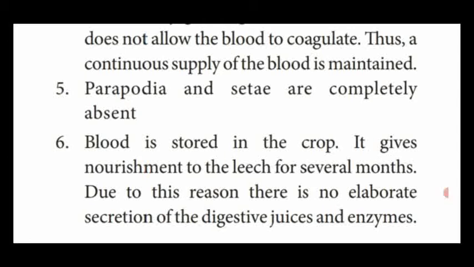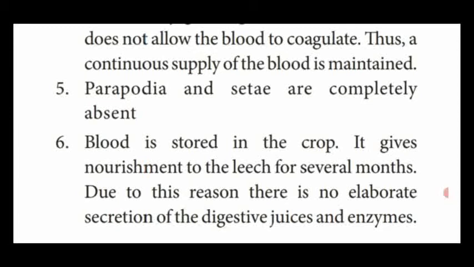Not only that, due to the storage of blood in the crop, elaborate secretion of digestive enzymes and juices is not present inside the leech body. That means digestive juices and enzymes are not secreted in a proper way.